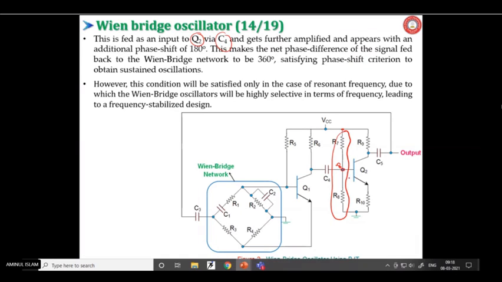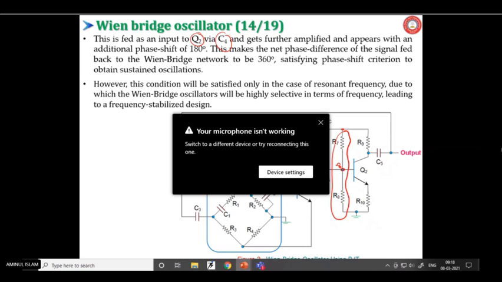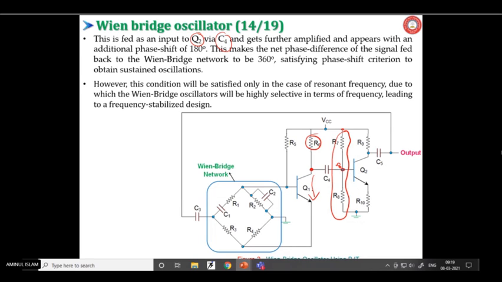We know that, of course, VB should be greater than 0.7 volt, then only it will be forward biased and some current will flow. Assume that. So this needs at least 0.8 volt, greater than or equal to 0.7 volt. Now the point is, the voltage value up here may depend on this and the current flowing through this. Yes or no?